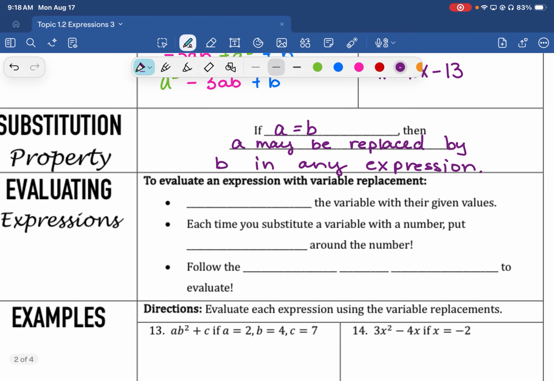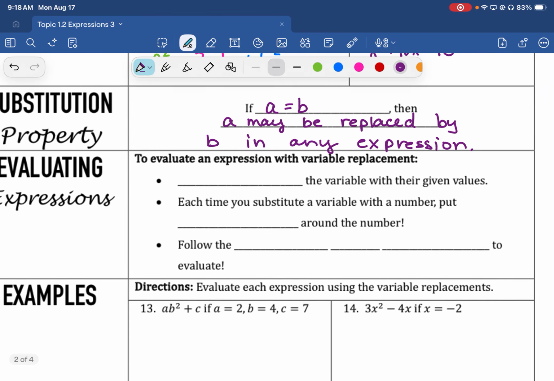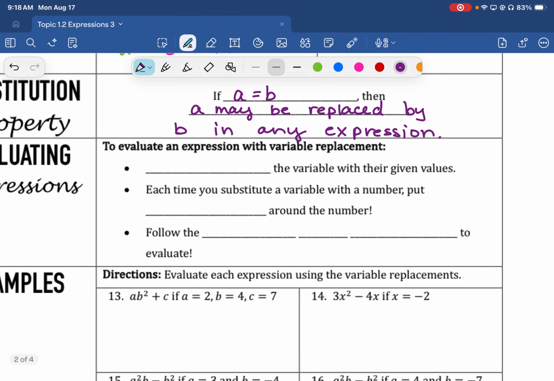So now, in order to evaluate an expression using substitution, we're going to start by substituting the variable with their given values. And each time we actually substitute something in, we are going to put the variable that we replace with a number in parentheses. Okay?